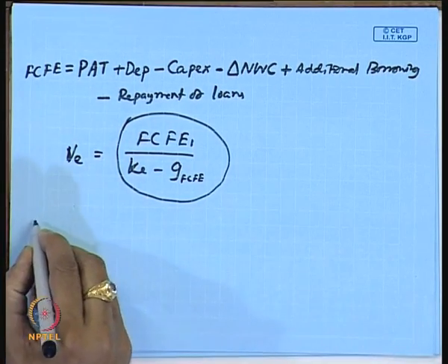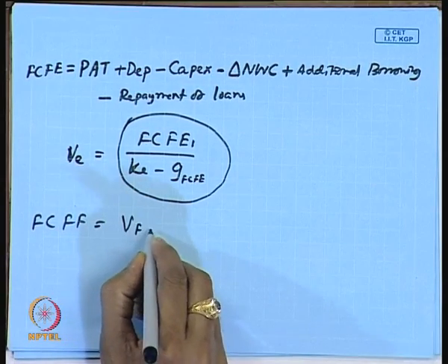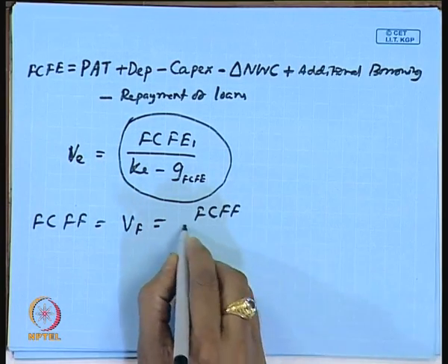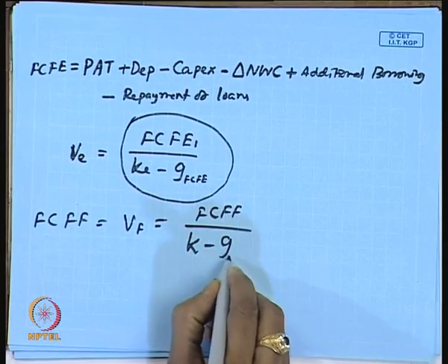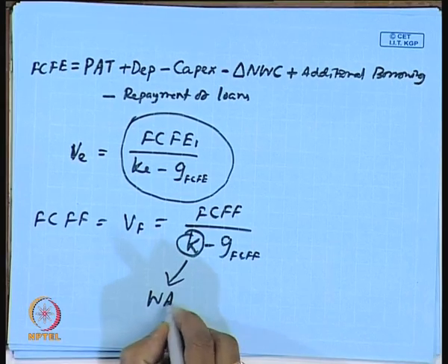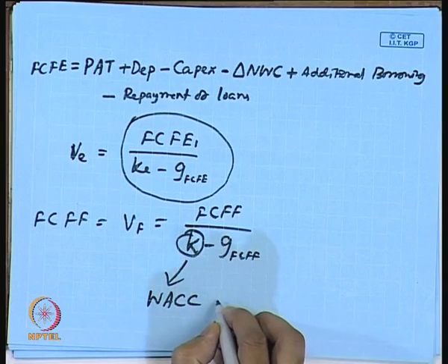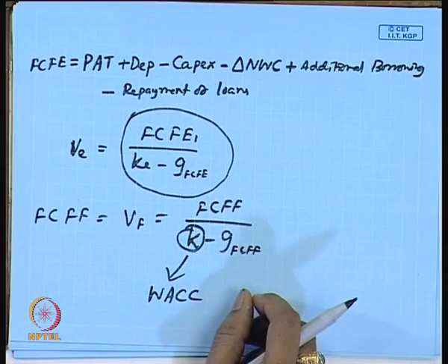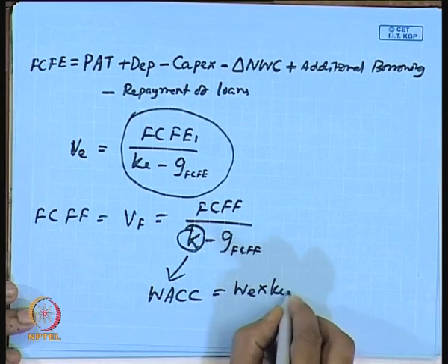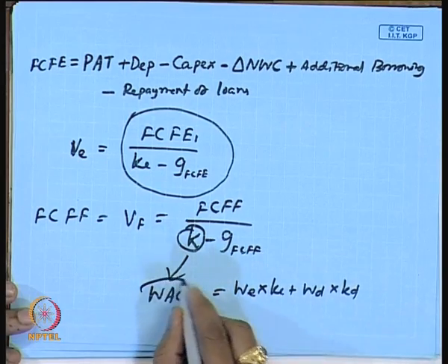Then we have another approach called free cash flow to the firm, and there we find the value of the firm. We use K minus g in FCFF, and K is nothing but the weighted average cost of capital. If a company has two sources of finance, equity and debt, then it becomes WE, the weight of equity, into cost of equity, plus WD, the weight of debt, into cost of debt, which is the weighted average cost of capital.